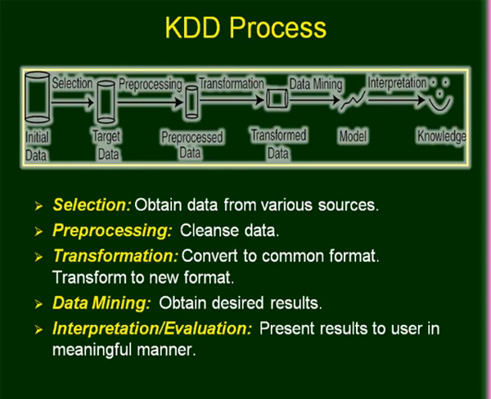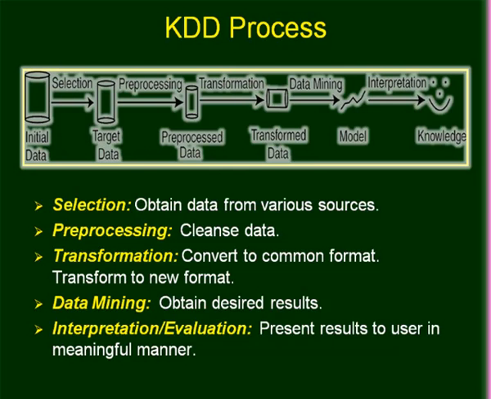Then once the target data is selected, we will clean the data by applying pre-processing techniques. When a pre-processing technique is applied on target data, we get pre-processed data. Then pre-processed data is converted to a common format by using transformation.